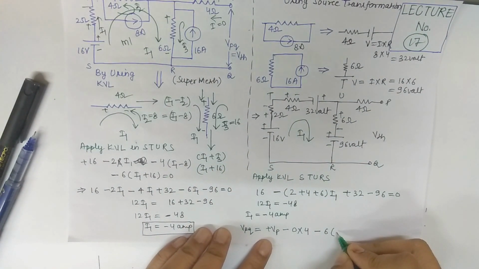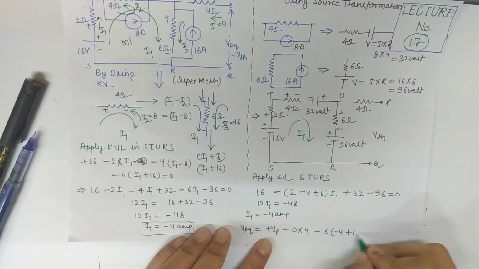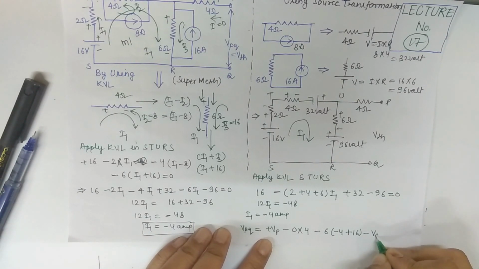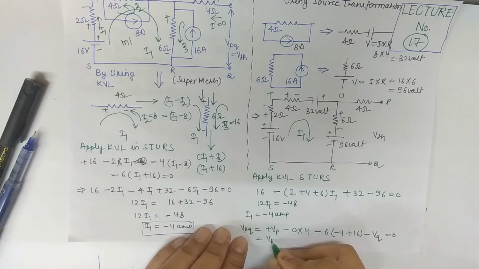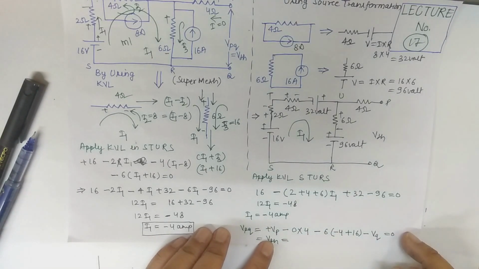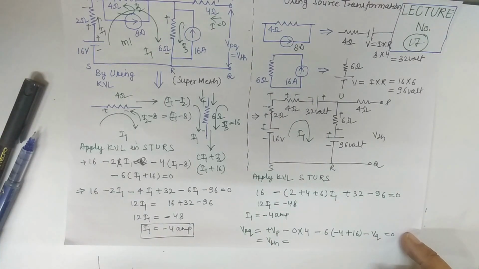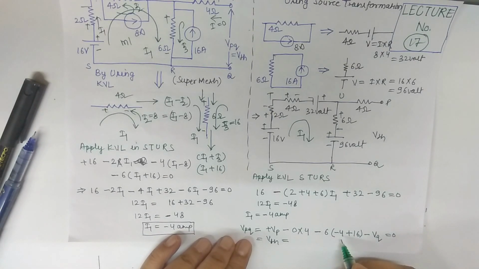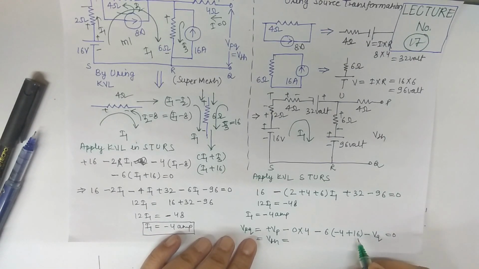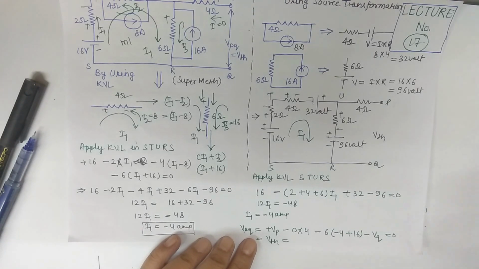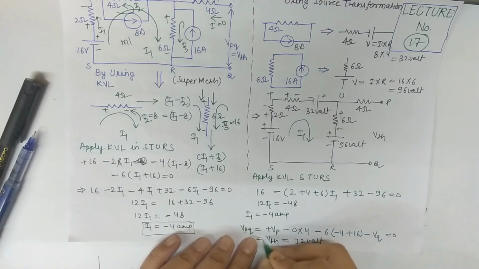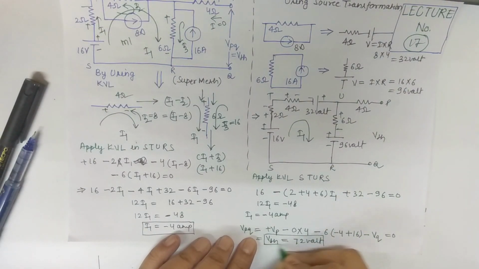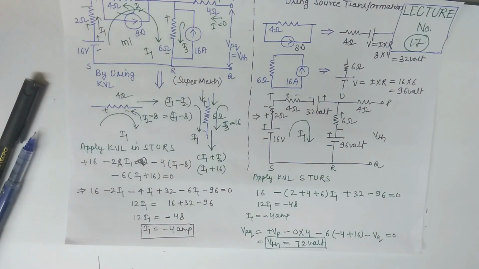So the value of I1 is minus 4 plus 16 minus of VQ is equal to 0. So it is VTH, and taking from the side 16 minus 4, that is 12, and 12 times 6 is 72, taking from the right side. So it is 72 volt across this PQ terminal. So in this way we find out VTH.